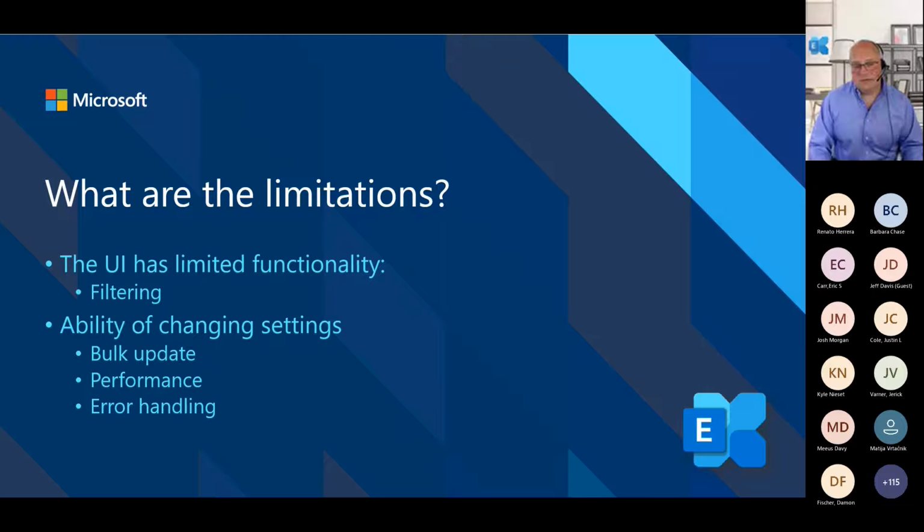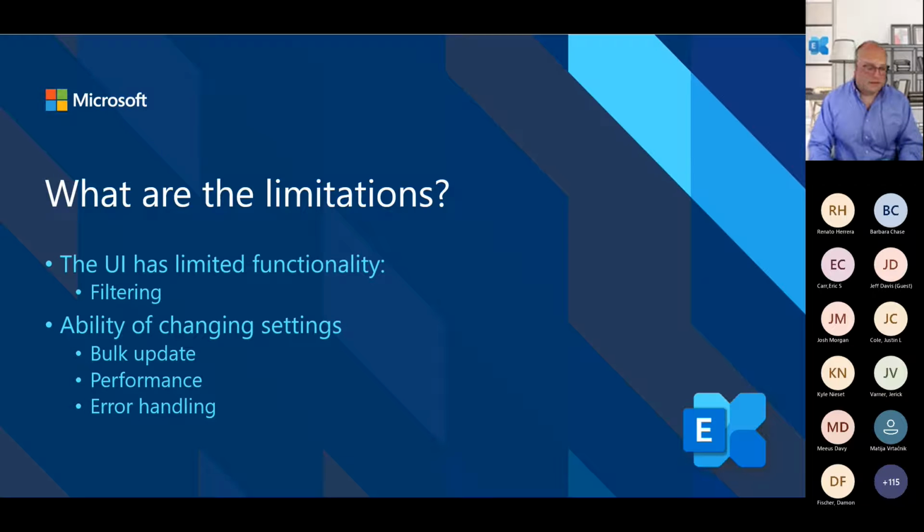It has some advantages, but most of the time when it comes to complex operations, it is really limited. One of the things is, of course, filtering. Even though the team is always extending the capabilities of filtering, you will most likely not find the right filter or the possibility to filter based on your criteria here.